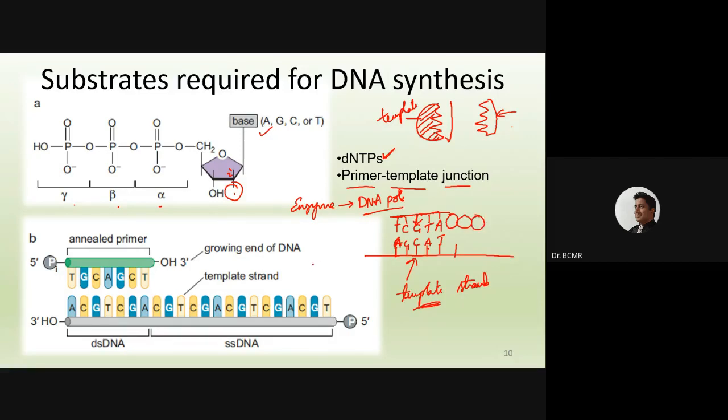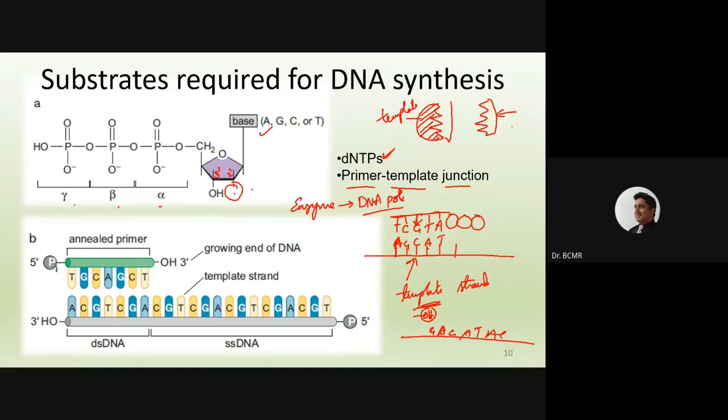The one problem that DNA polymerase has is, if there is a DNA molecule like this, it cannot just come and add here. It needs a substrate, that is, it needs an OH group. Here you see this 3' OH.